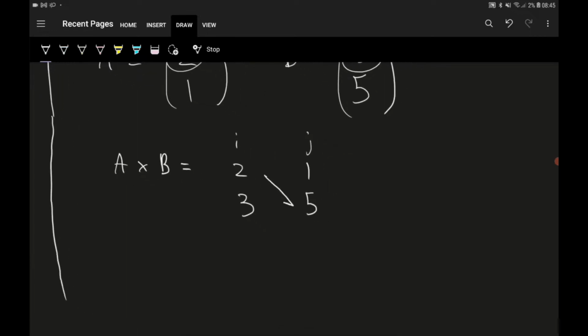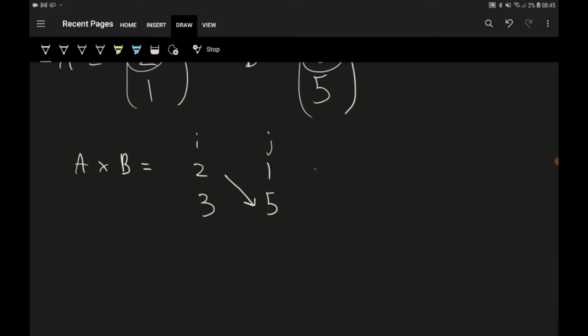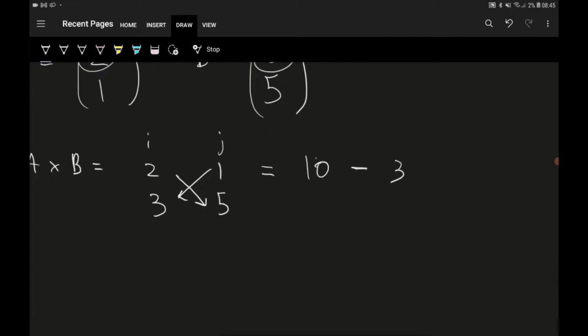We multiply I of A and J of B, so 2 times 5 is 10, and 1 times 3 is 3, and we always subtract, no matter what, so 10 minus 3 is 7.